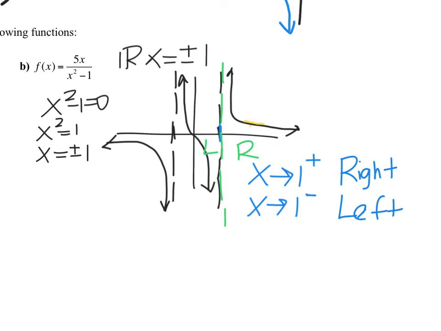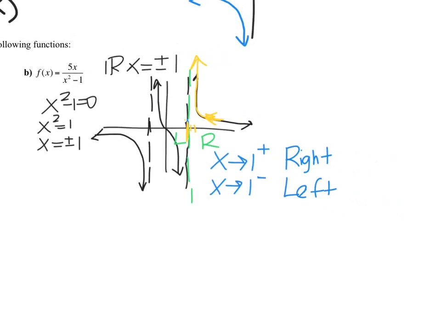And let's go towards positive 1 from the right-hand side. Where are my y's going? To infinity. You see that? The closer I get to 1 on this graph, right? I'm getting closer and closer to 1. My y's are getting very big. So that would be infinity right there.